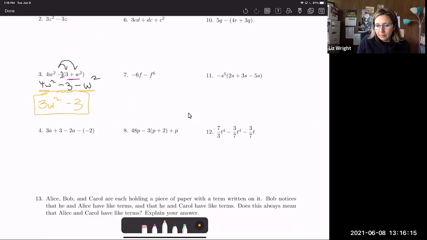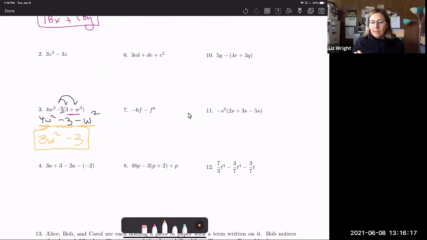We are going to jump up to number 6. Let's look at each of these and ask, do any of them need to be rearranged? The first and the third terms look good. The second one we could change to write 3cd plus cd. Again, what property is that? They trade places across multiplication. That's the commutative property of multiplication, plus c squared.